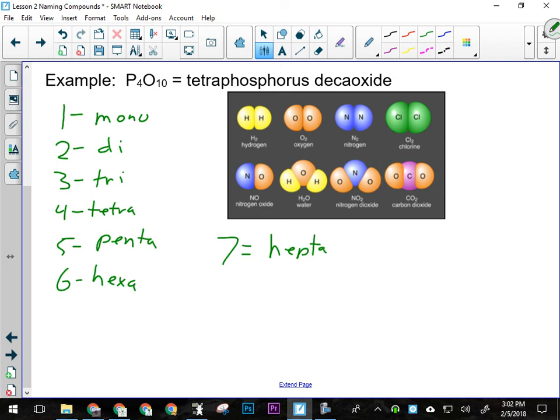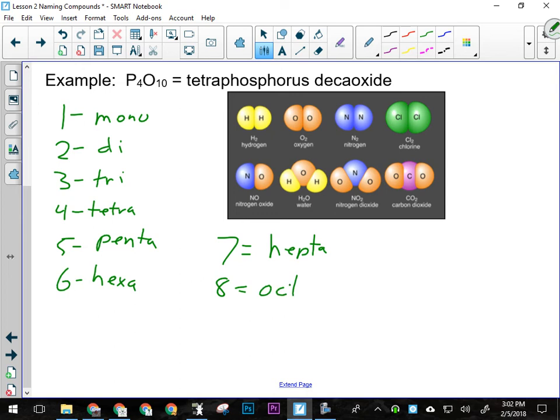If you took French science in grade 9, they may have told you septa. Don't ever write that. The two guys who teach Chem 20 absolutely lose their minds when someone writes the prefix in French. Okay, so you don't want to do that. I'm saving you some agony later. Okay, hepta is the right way.